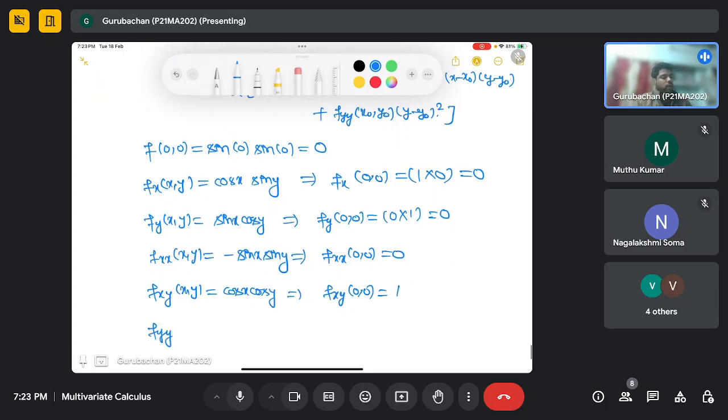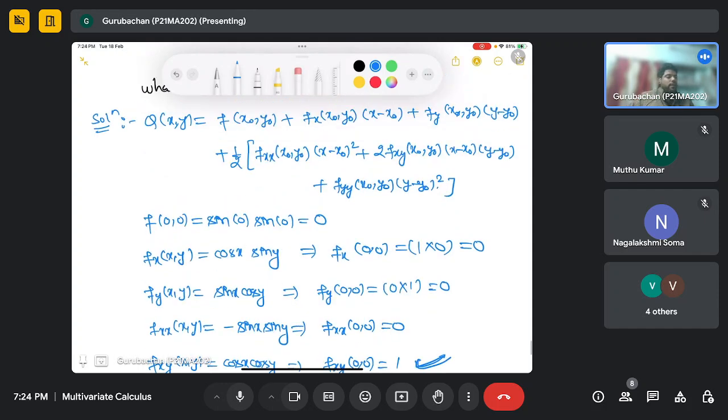Now f_yy of (x,y) is equal to minus sin x into sin y. Is it correct? This will give us f_yy at 0, 0 is 0. So we have got all the values 0 except this f_xy.